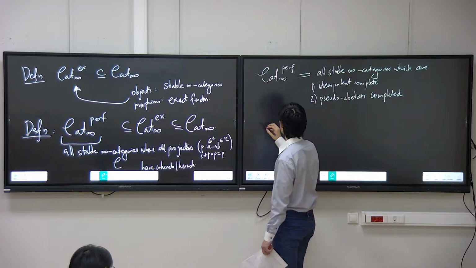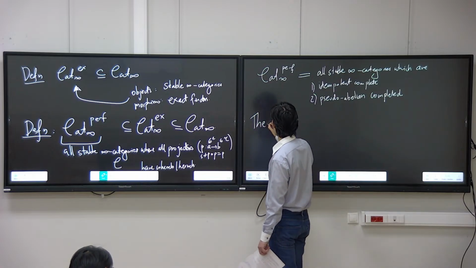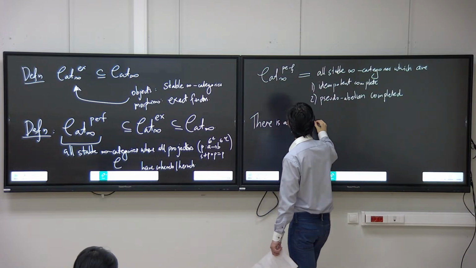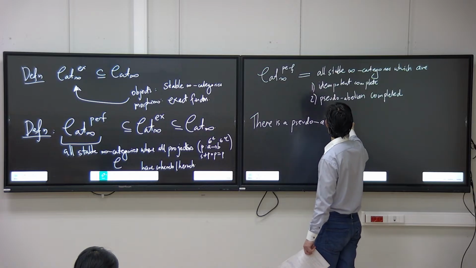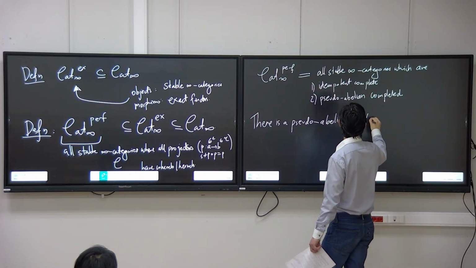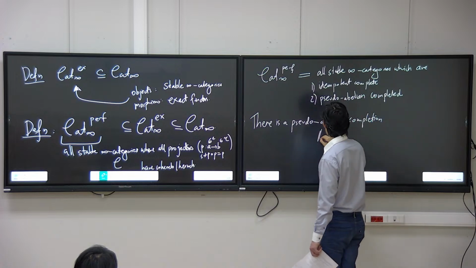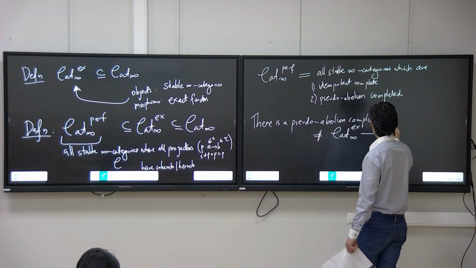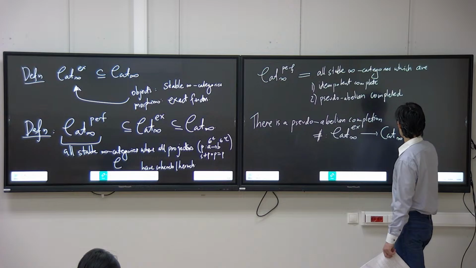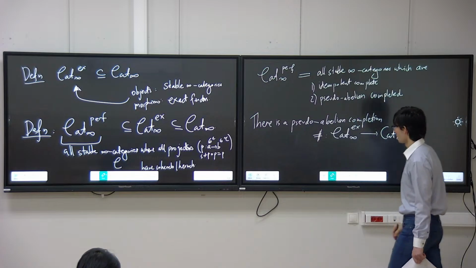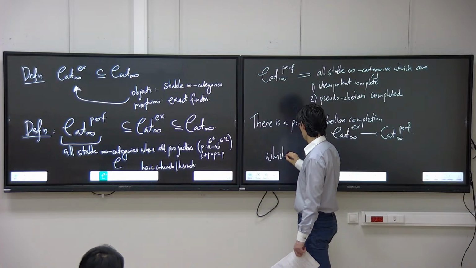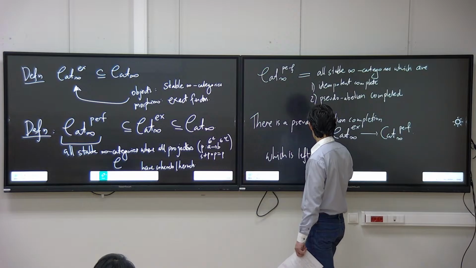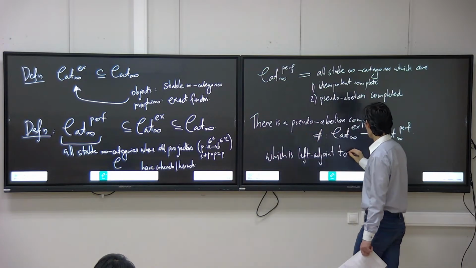So in particular, there is a pseudo-abelian completion map going from Cat_∞^X to Cat_∞^perf, which is left adjoint to the natural inclusion functor.